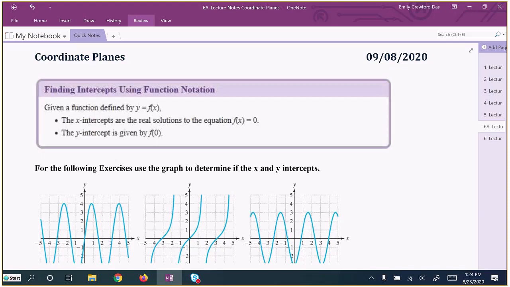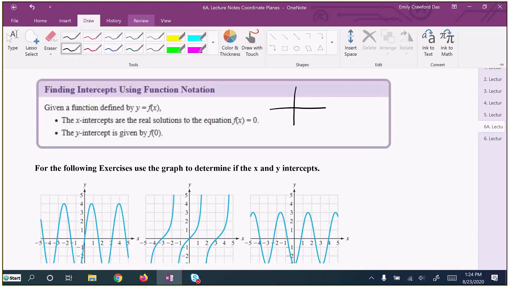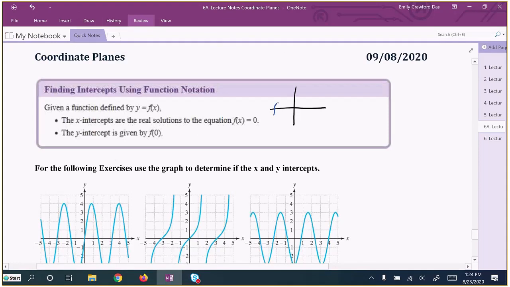So it says, given a function defined by y equal to f of x, the x-intercepts are the real solutions to the equation f of x equals 0. So we already know that if we have some function, maybe it looks like this, then wherever it crosses the x-axis is going to be an x-intercept.